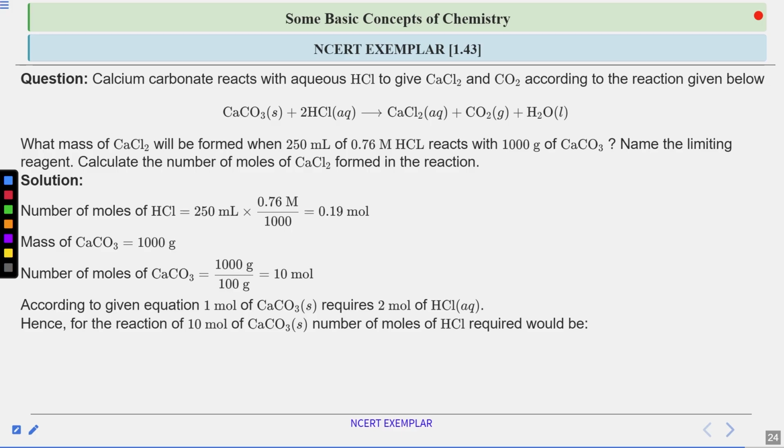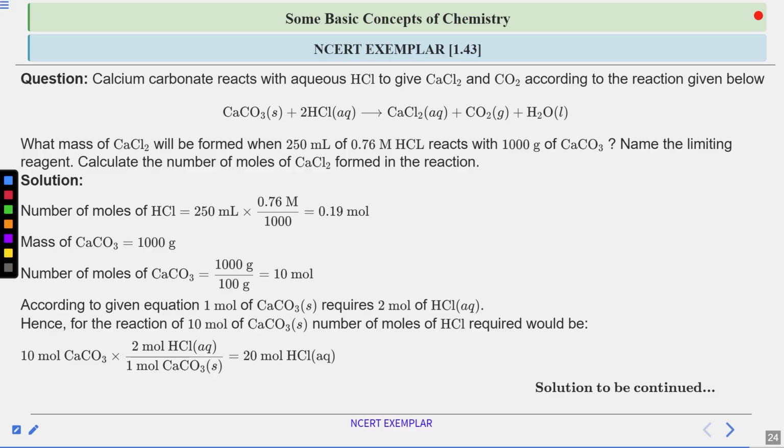We can say that 10 mole of calcium carbonate will require how many moles of HCl then? It will require 20 mole of HCl. Again, the toffee concept, very simple to understand. If 1 is costing 2, then 2 will cost 4. Similarly, if 1 is costing 2, 10 will cost 20.